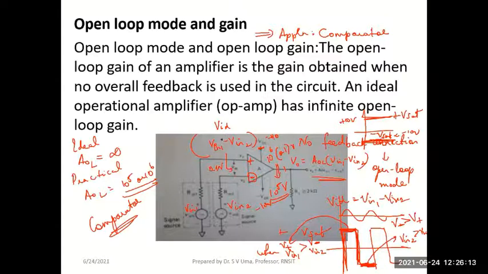The differential input signal appearing at the op-amp input terminals will get amplified to a very huge level, but you can't see the output at such a huge level because we have given a limited VCC. The power supply bias voltage is limited, so the output cannot exceed that value.